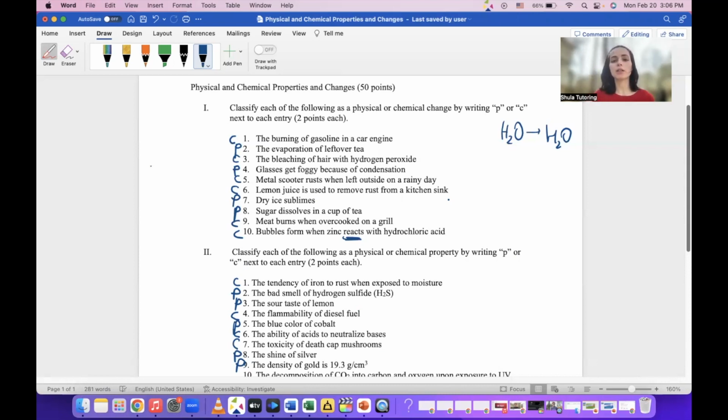For physical properties or changes, we're just changing the appearance of that substance, like the sugar that's dissolved in tea. We are going from solid sugar to sugar that is dissolved in tea or let's say in water. It doesn't matter where it's dissolved, but it's still sugar, right? Those sugar molecules are intact. So that's the most important point: is the chemical nature of that substance intact, or have we changed that?